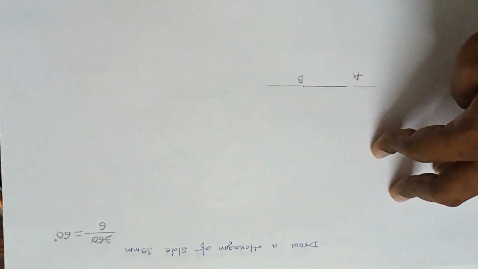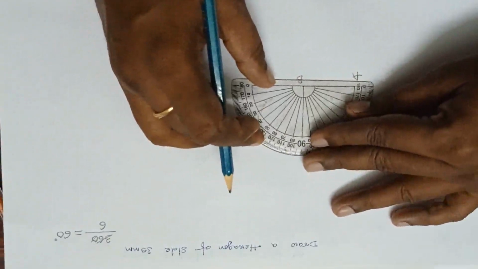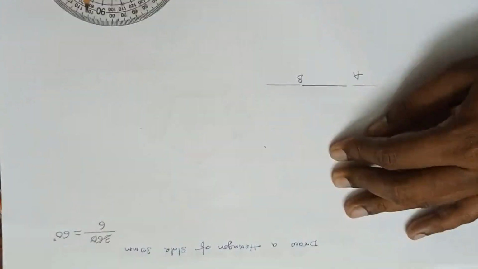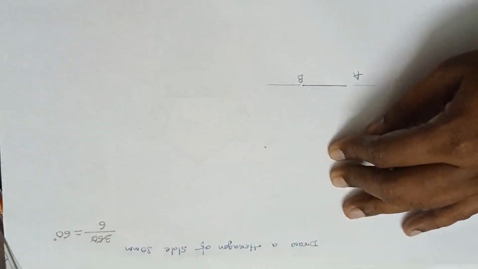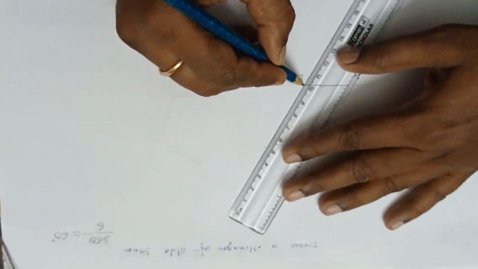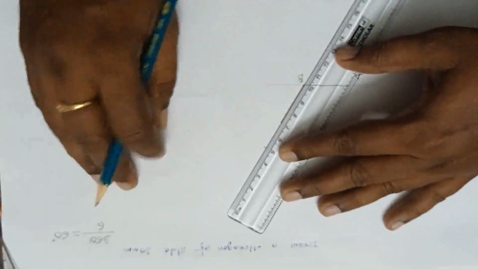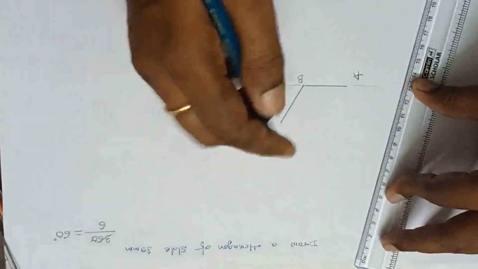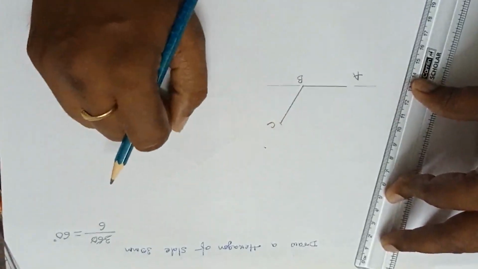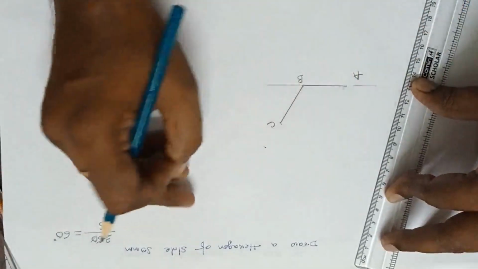So take 60 degrees. This is 60 degrees. Done. Now, side how much? The same 30 mm. I have taken this, so this is point C. For the hexagon A, B, C, D, E, F, I'll get F.